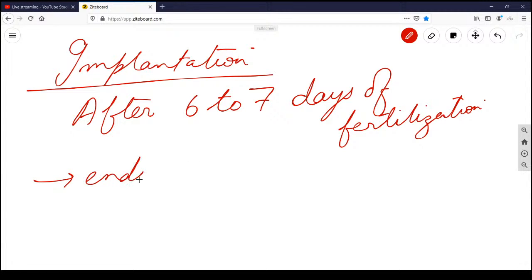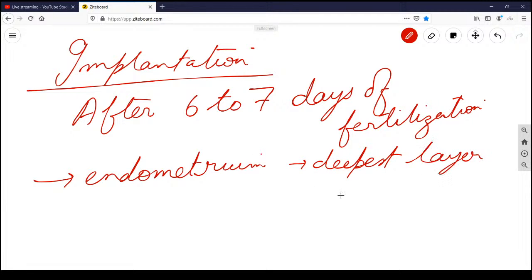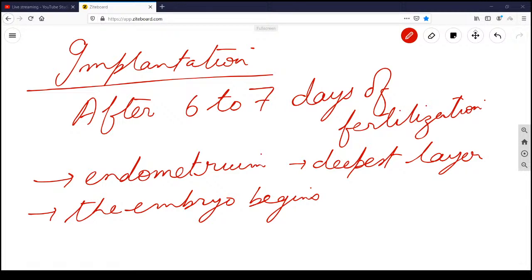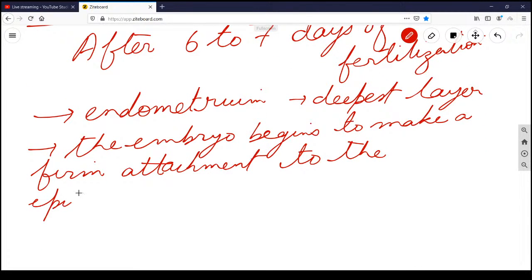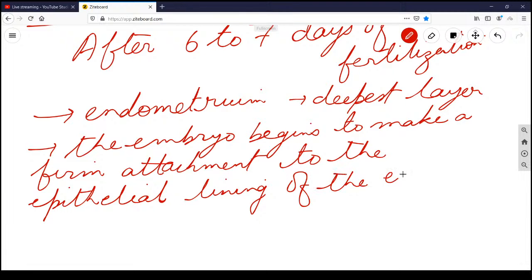So the endometrium is the deepest layer, and in implantation the embryo begins to make a firm attachment to the epithelial lining of the endometrium.